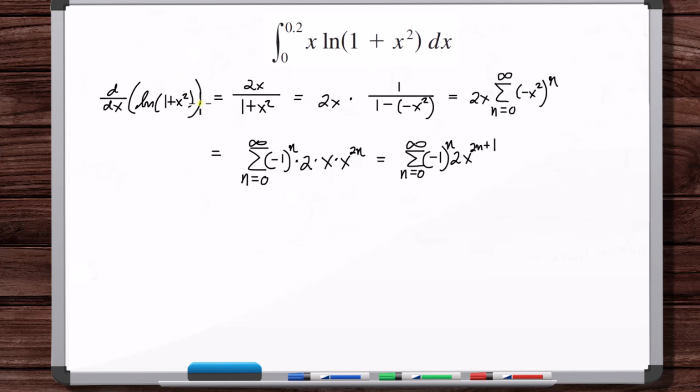But this function is the derivative of the natural log of 1 plus x squared. So we can think about it like this: you integrate both sides, and what you're left with is the natural log of 1 plus x squared, that's this integral, equal to, now how do you integrate a power series?